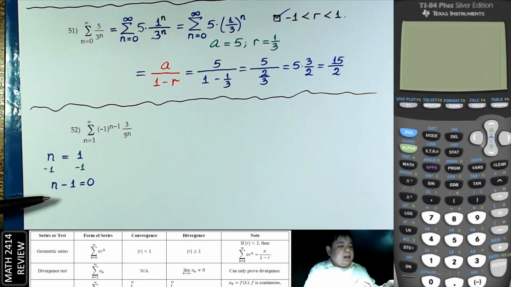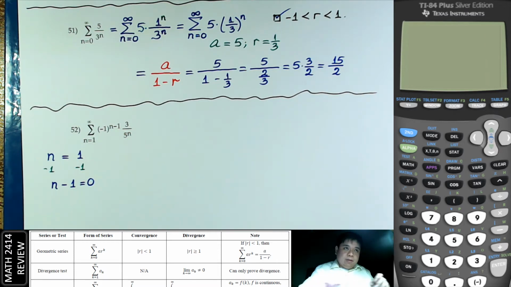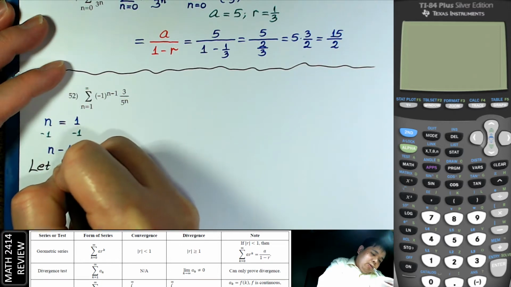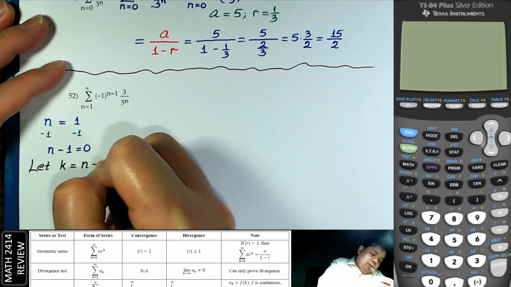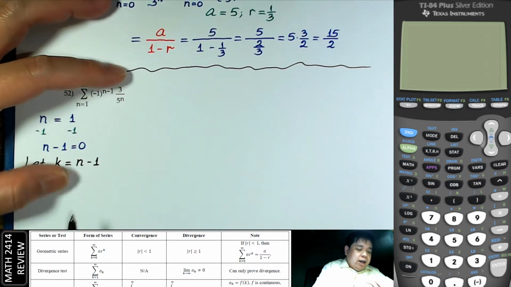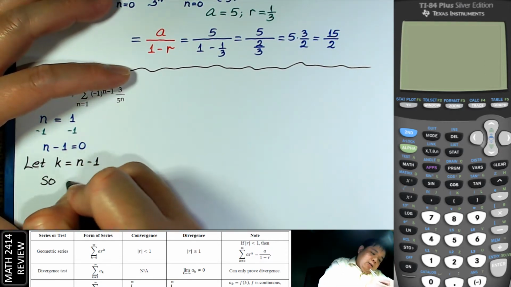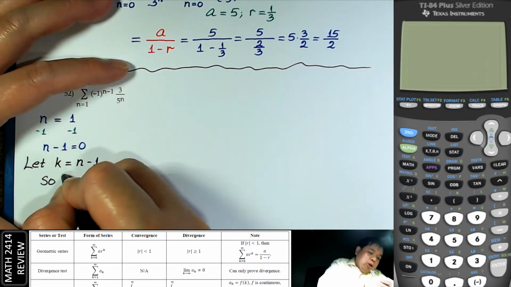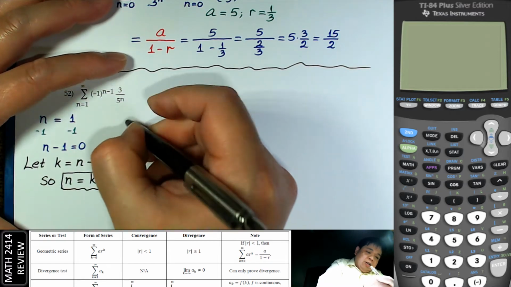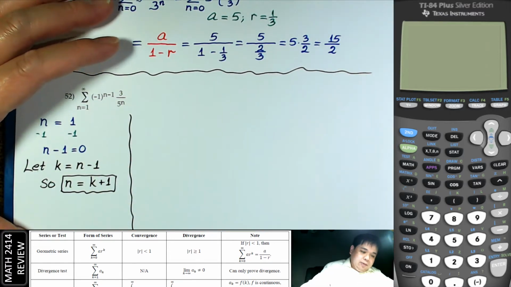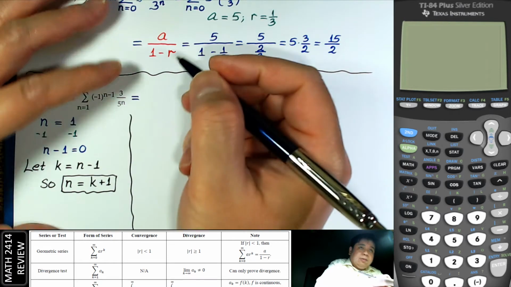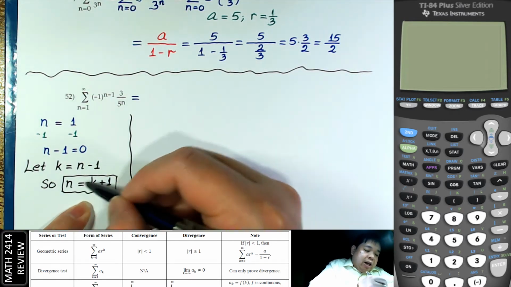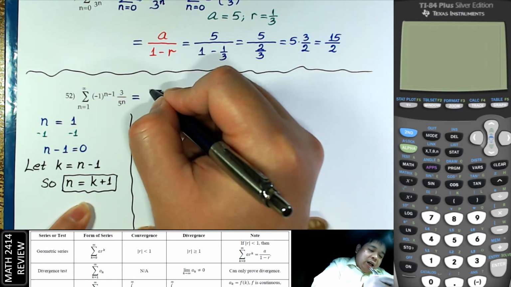Now, in that case, let k be n minus 1. If that is the case, we can solve for n. So n equal to k plus 1. And we will use this substitution. Substitute n equal to k plus 1 everywhere we see n.